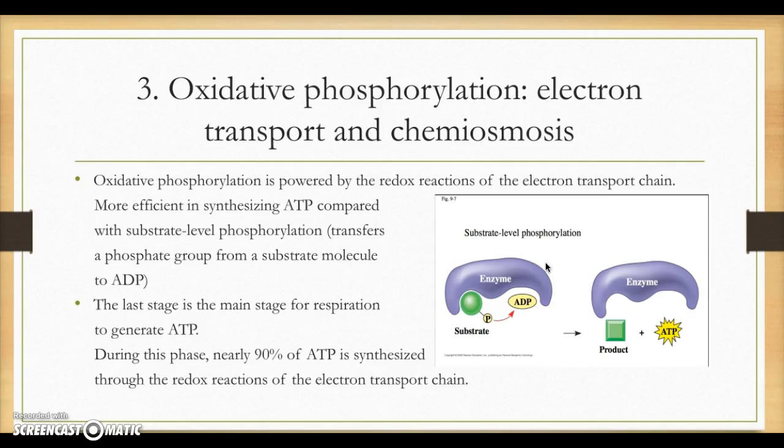So oxidative phosphorylation is more efficient in synthesizing ATP compared with substrate level phosphorylation. And the last stage is the main stage for respiration to generate ATP. During this phase, nearly 90% of ATP is synthesized through the redox reaction of the electron transport.